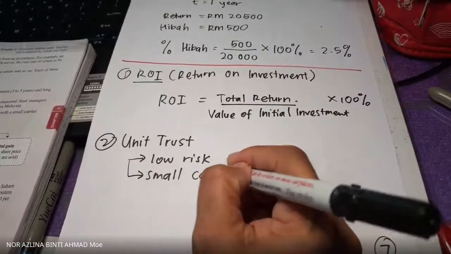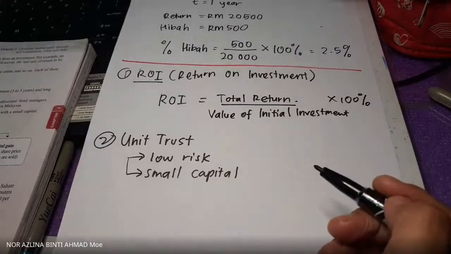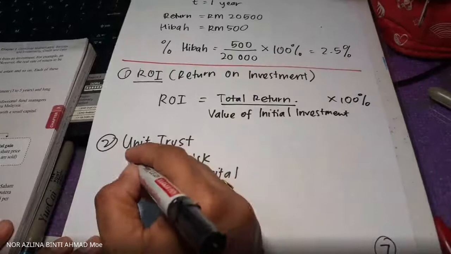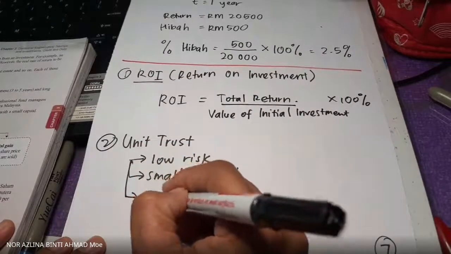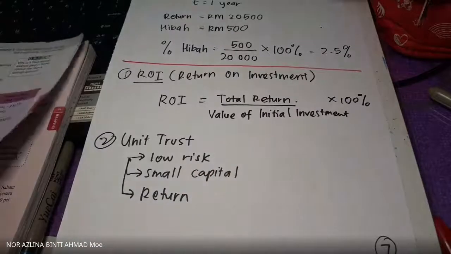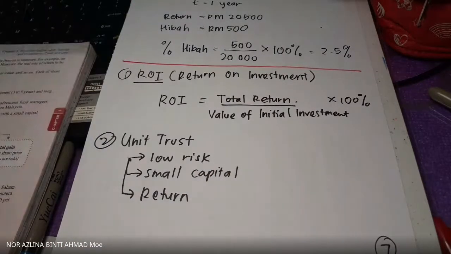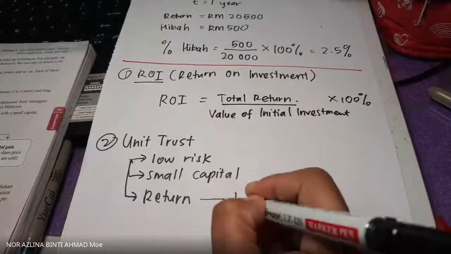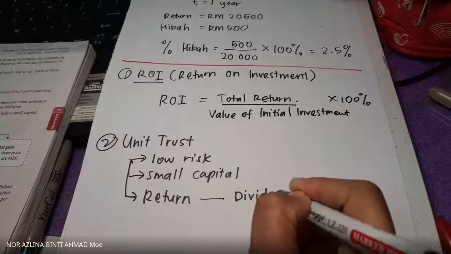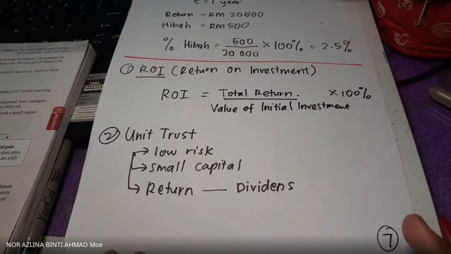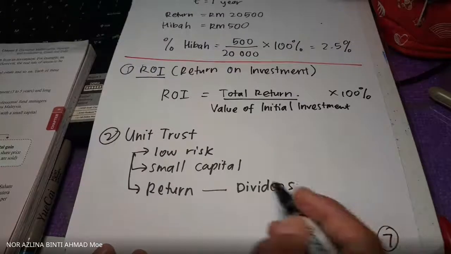Small capital. Below is the return for unit trust. Okay. Ada 3 jenis return dia. First, you can get dividend, usually received at the end of the financial year and calculated based on the money invested.